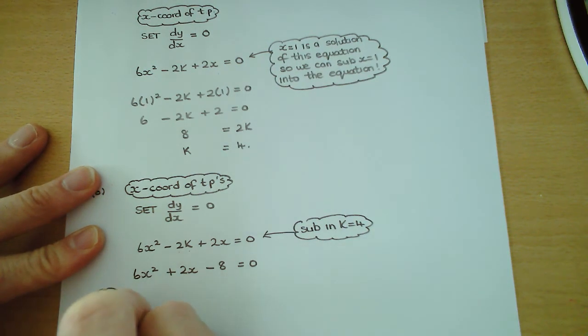So we're going to have 3x squared plus x minus 4 equals 0, and then we're going to use product and sum.